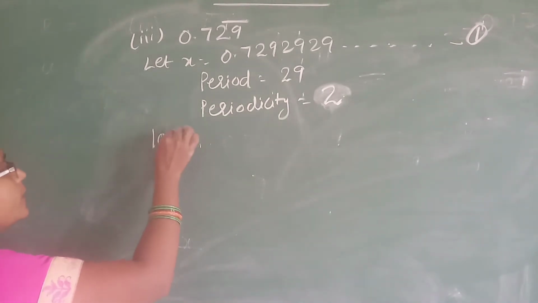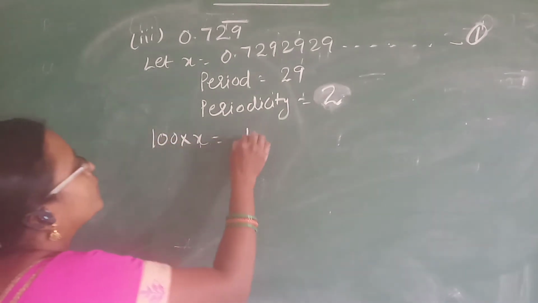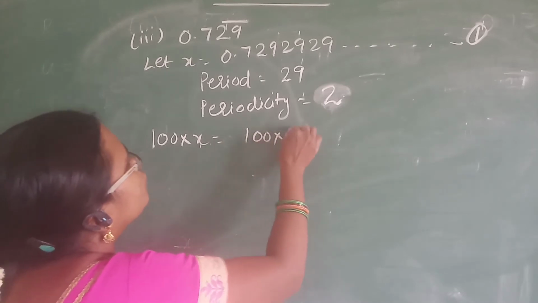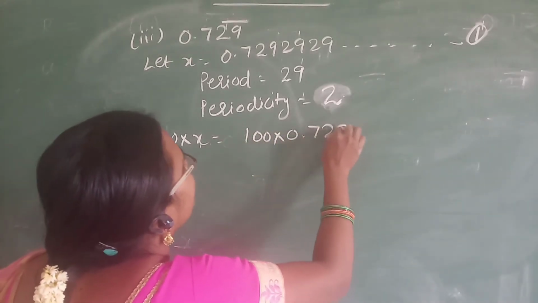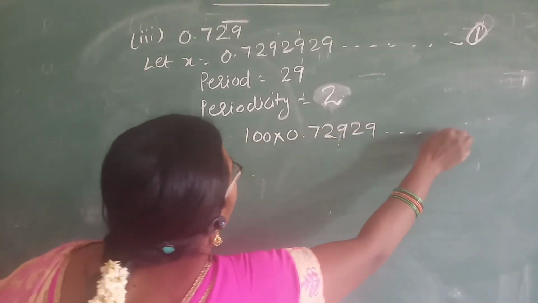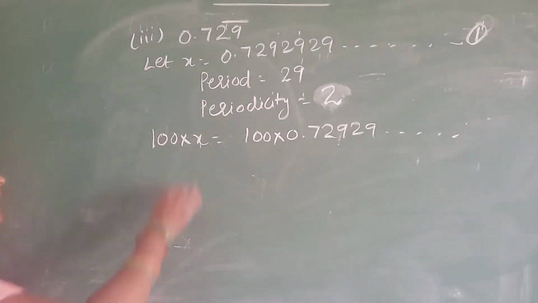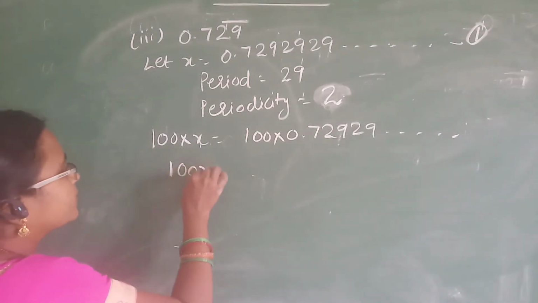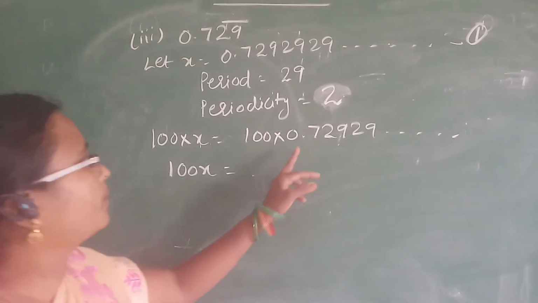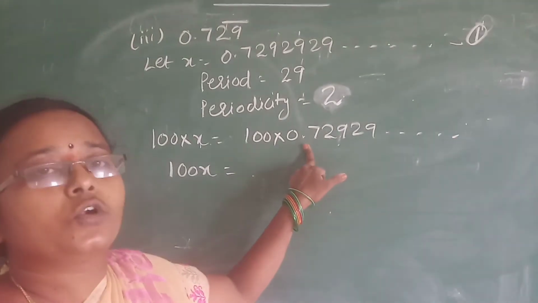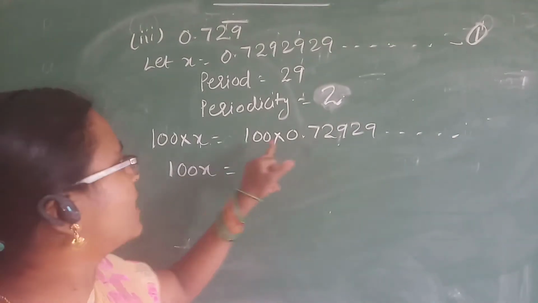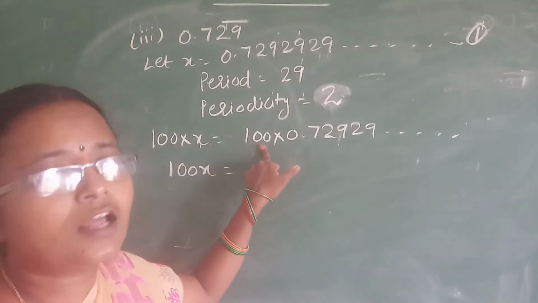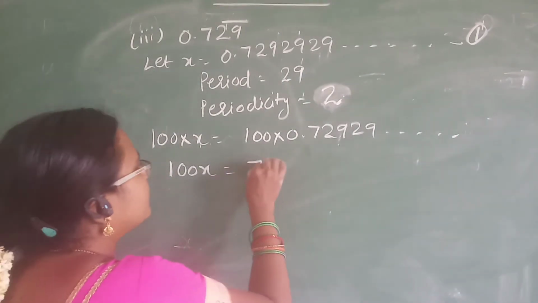100 into x is equal to 100 into 0.72929 and so on. Now it can be written as 100x is equal to 72.92929 and so on, as the point moves 2 digits to the right side because there are 2 zeros in the 100.